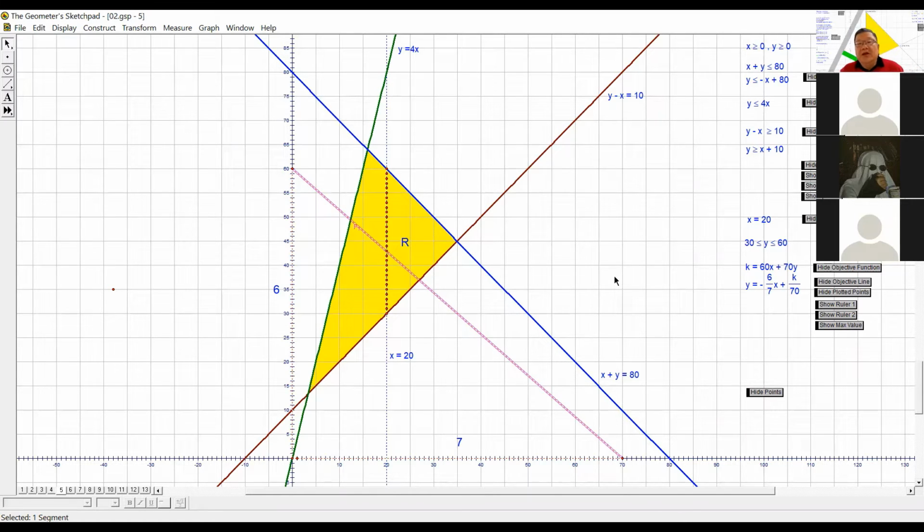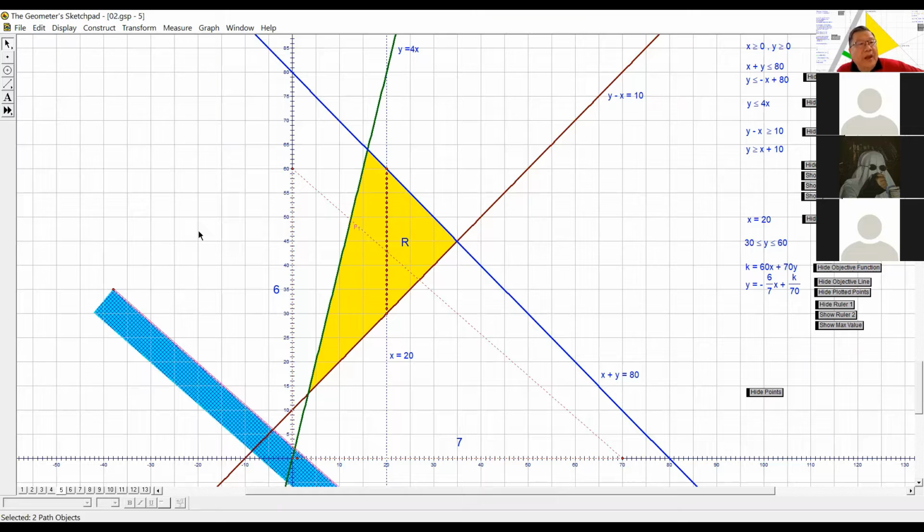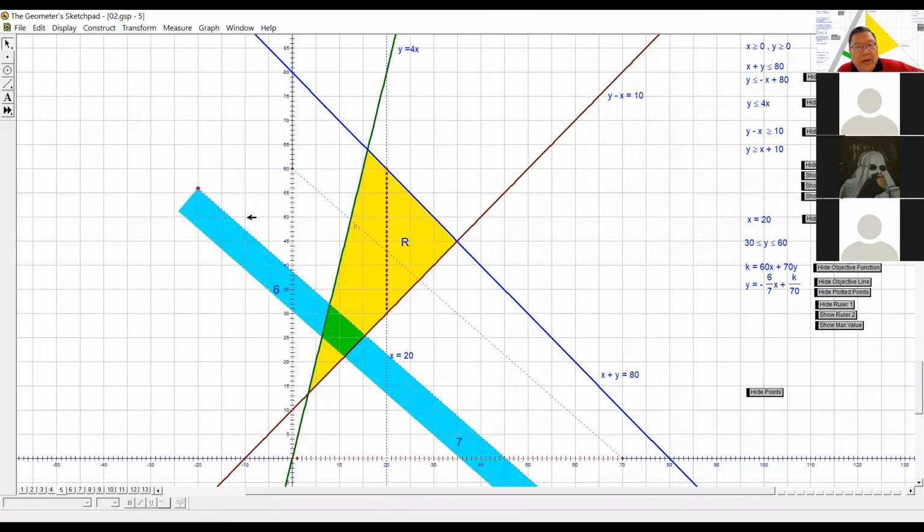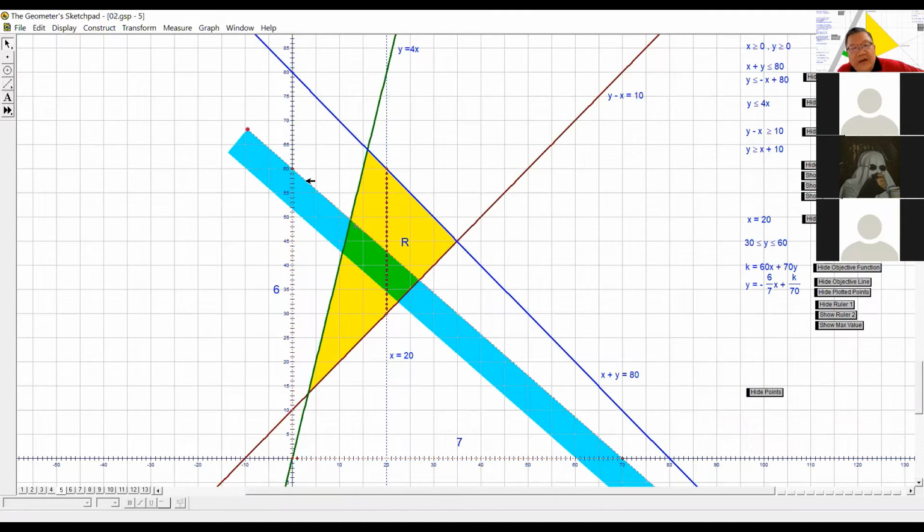First of all, you draw the objective function, the gradient of the objective function, then you use one ruler and place it on the objective function that you have drawn.